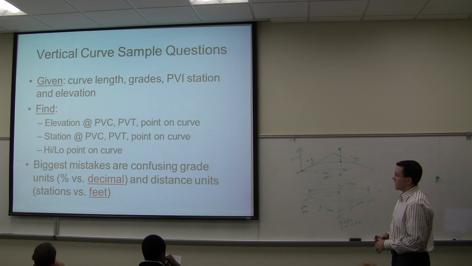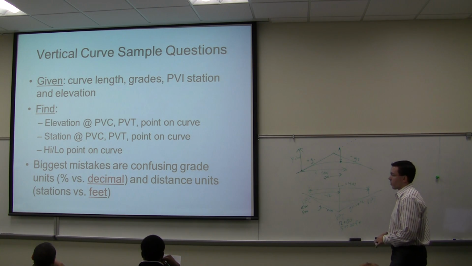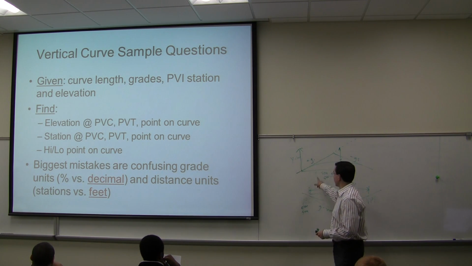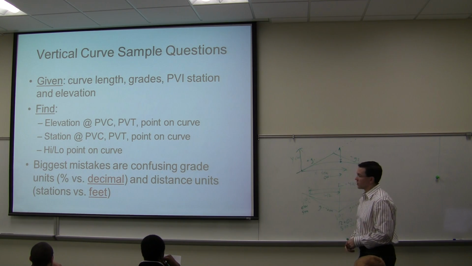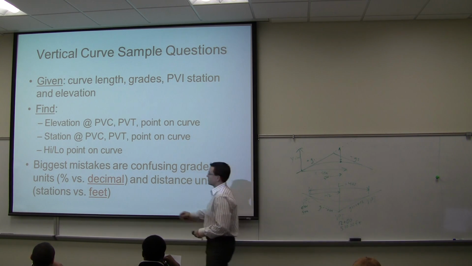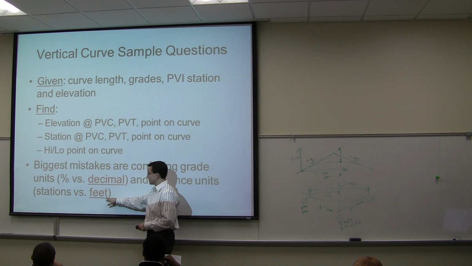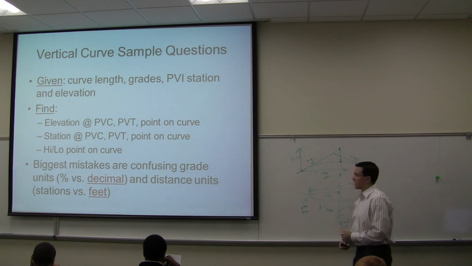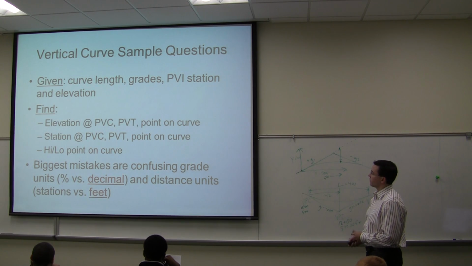Again, the biggest mistakes are confusing the units of the grade, percent versus decimal, as well as the distance for the X value, using station versus feet. Everything I did in transportation was grades as decimals, distances as feet. I think it's a little confusing working with the percentages and the stations. So if you stick with the decimal and the feet, as we did in transportation, you should be okay.